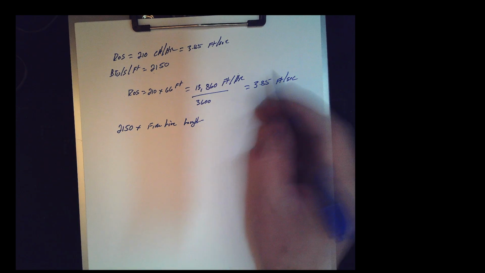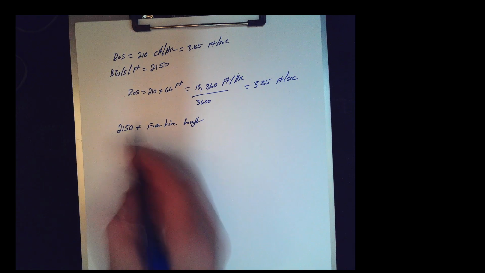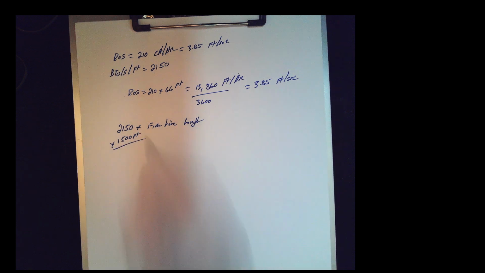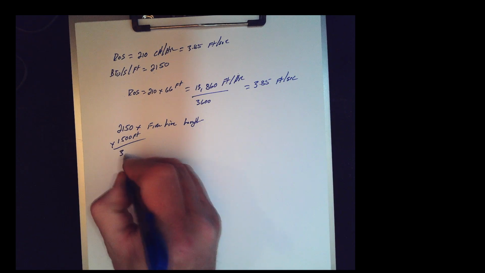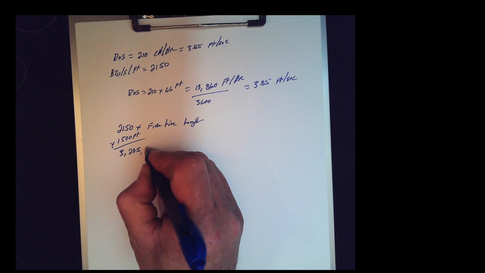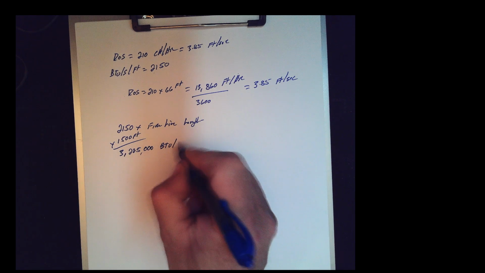Let's say you've got a fire line that you estimate at about 1,500 feet. So it'd be 2150 times 1,500 feet equals 3,225,000 BTU per second.